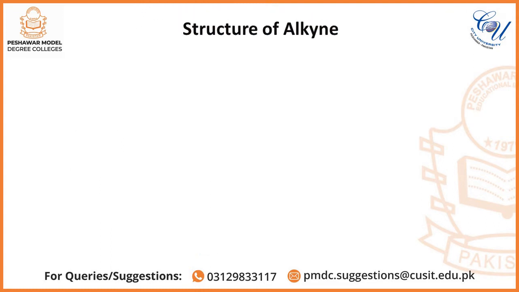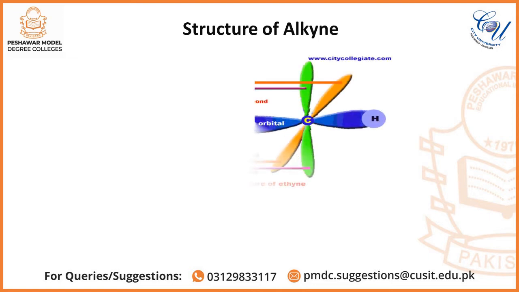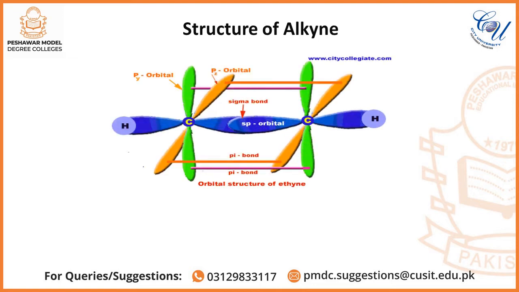First, we are going toward the structure of alkyne. Look at this diagram. This is the structure of ethine or acetylene molecule. This structure is taken to illustrate the structure of alkyne. In acetylene, each carbon atom has two sp hybrid orbitals indicated by blue color, which lie on the same plane.